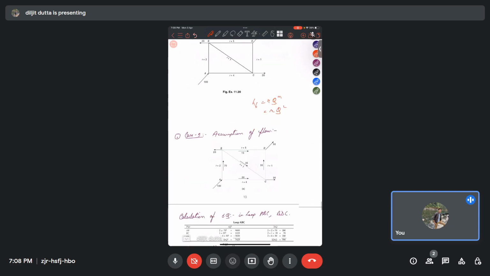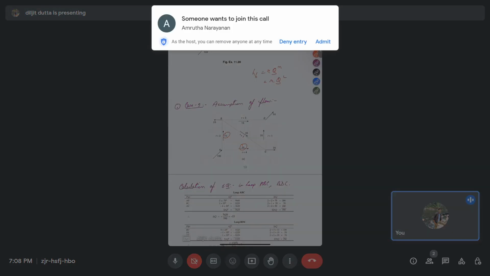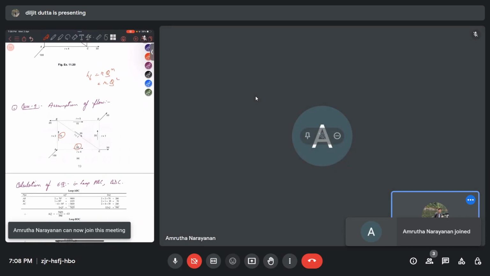Now for the first case we assume that 100 is coming in, so 70 is going in AB and 30 is going in AC. And at B there is an outflow of 20.